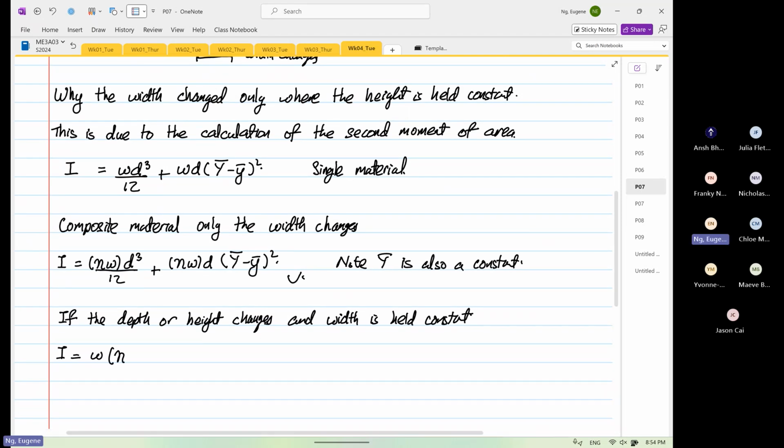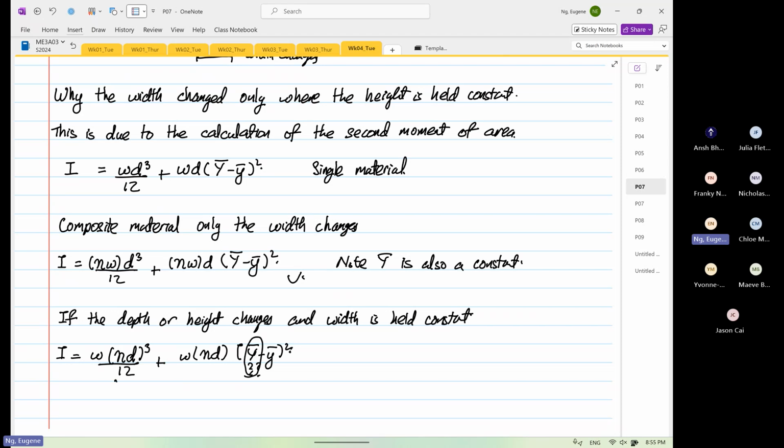Now you have n depth cubed over 12 plus the width, and then n depth. This one has no problem. And then this one, your Y bar minus y bar squared, you're going to have some issue over here. Because now you're changing the height, okay? The height is changing over here, which is bad news.